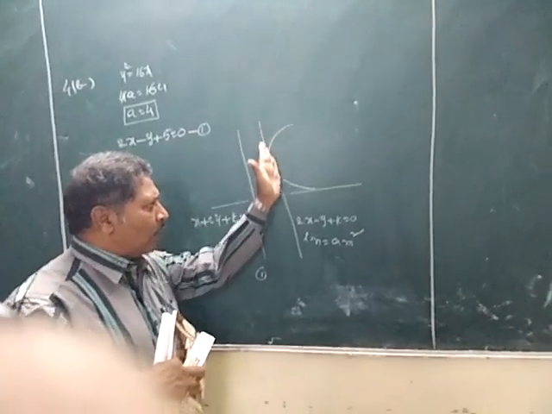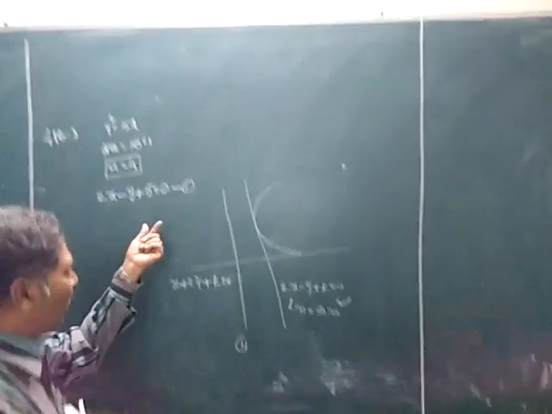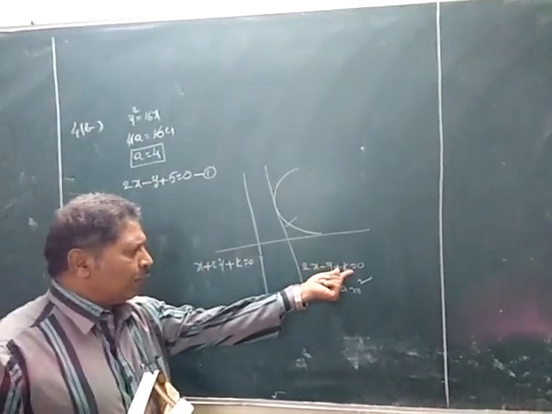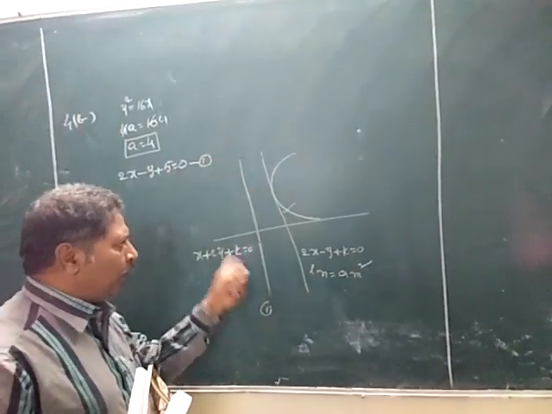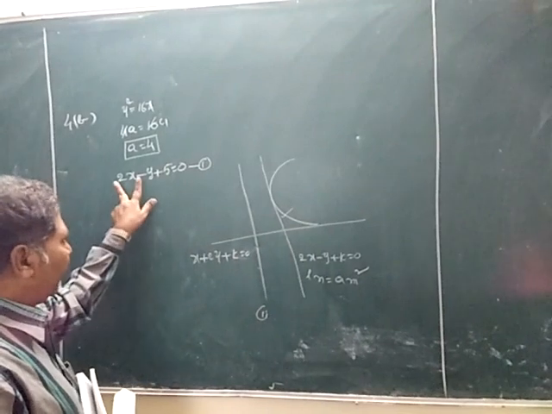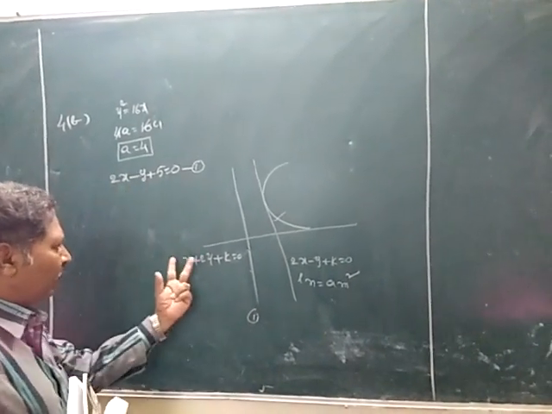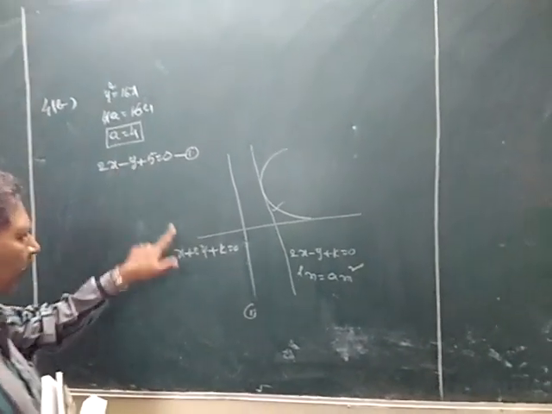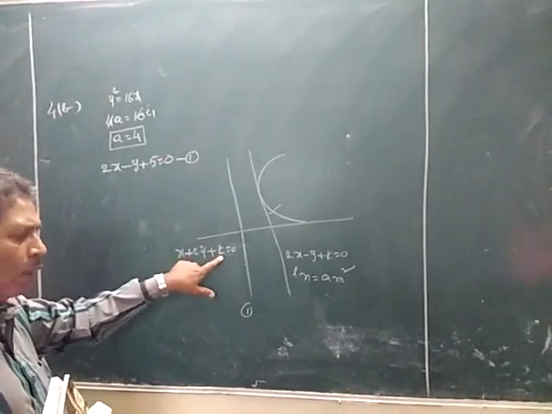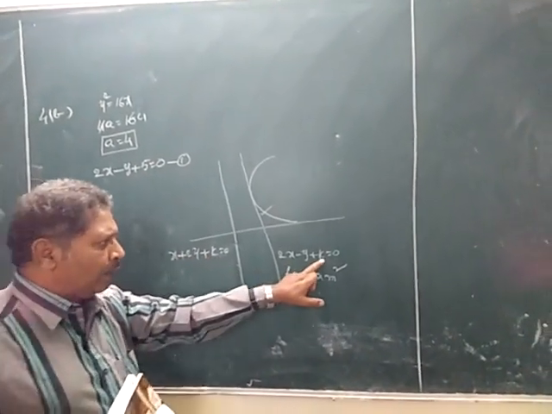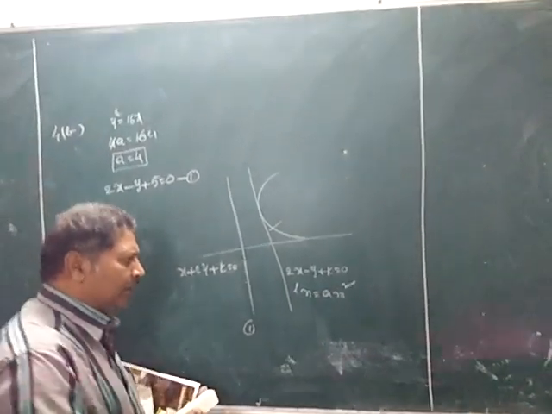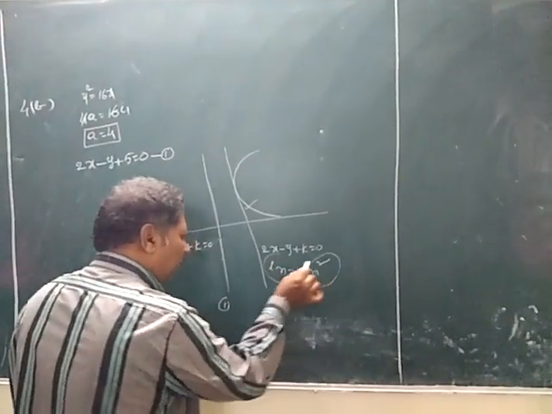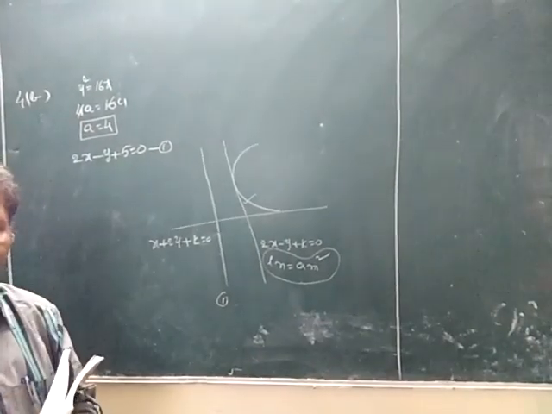First, parallel tangent: parallels differ by a constant only. Next, perpendicular tangent: interchange xy coefficients, middle symbol and constant. To find the k value, we apply the tangent condition ln equal to am square.